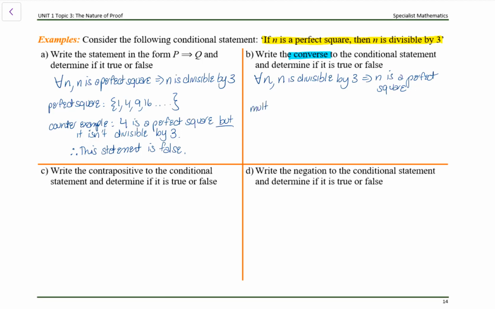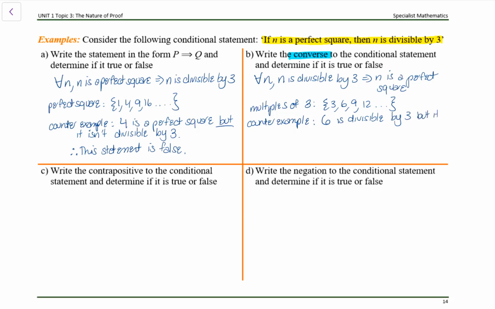It's a for all, so again we need one counterexample. So multiples of 3: 3, 6, 9, 12, etc. So one counterexample that proves this is false. Let's look at 6. 6 is divisible by 3, so that's the first bit, it's divisible by 3.